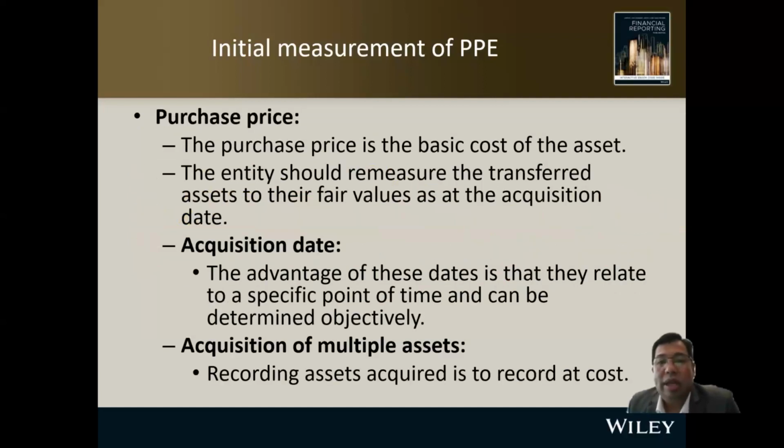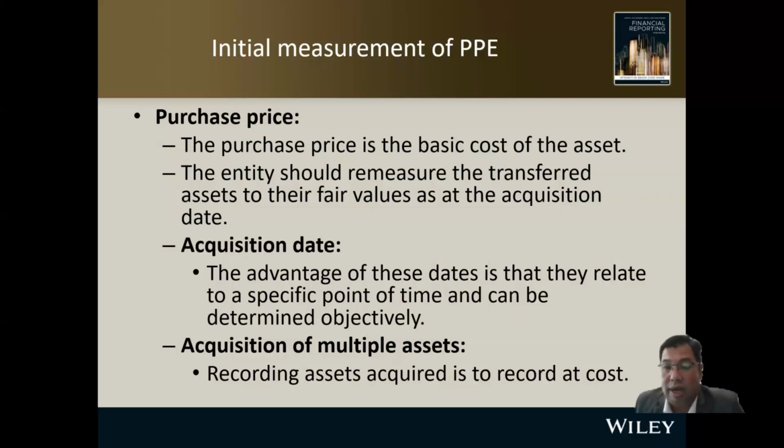Okay, so what is purchase price? Purchase price is the basic cost of assets. So the entity should remeasure the transferred asset at fair value at the acquisition date. So what is the acquisition date? The advantage of this date is that it relates to a specific point in time and can be determined objectively.